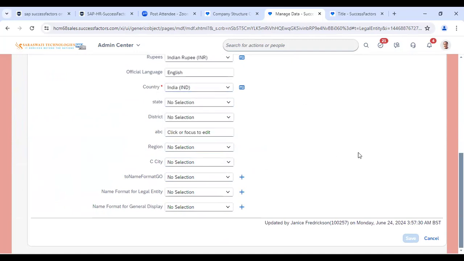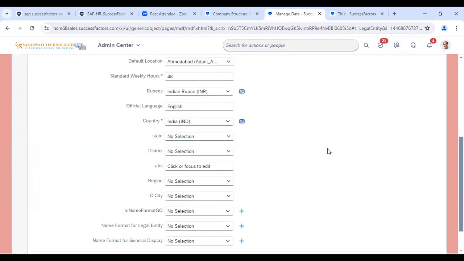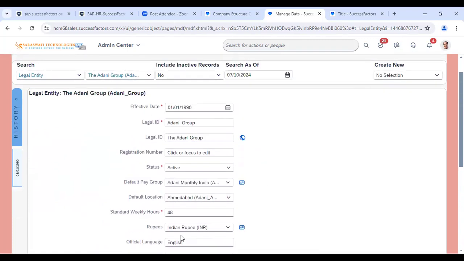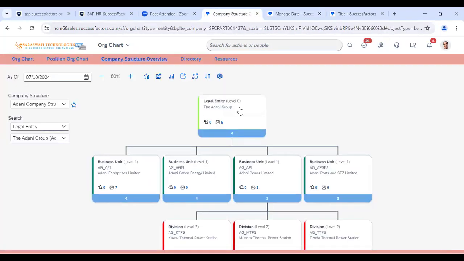For example, for Tata Communication or any Tata legal entity, they have head offices in Mumbai or in Pune. So you can set the state here as per the legal entity. While creating any legal entity, you need to be very careful, because this is the foundation data. Whatever you create after this, everything belongs to this legal entity.